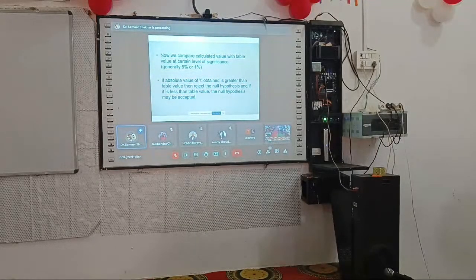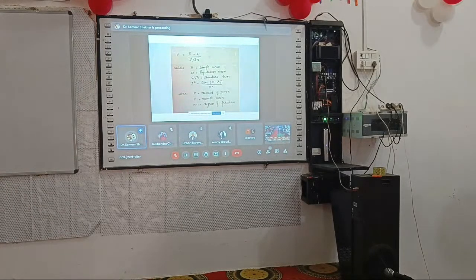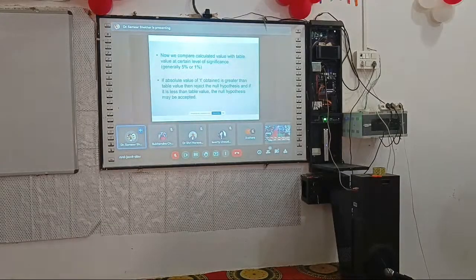So if the calculated value is less than 0.05, then what will happen? We will have to accept the null hypothesis that says that there is no statistically significant difference between mean of the two groups, right?